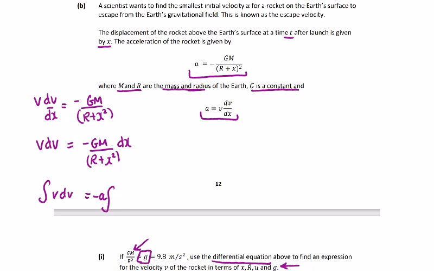Let me see how I can do that. (R plus x) squared. Now what's that? If I can take that R out, sorry, it's the x squared. The squared is outside the bracket. That will help me get the R to be squared.